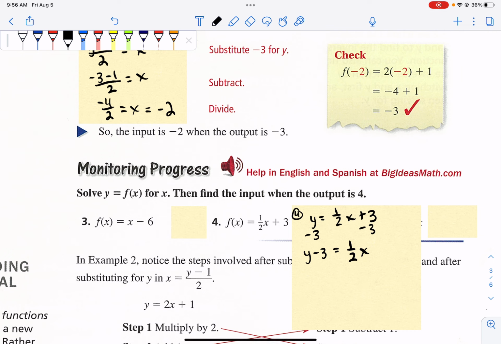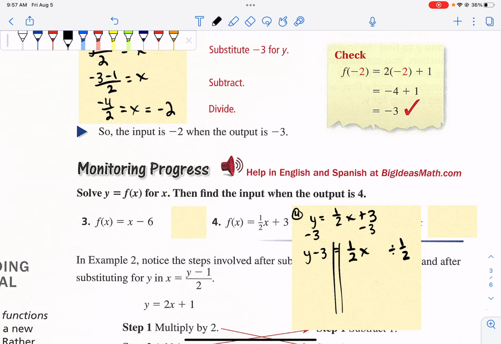Okay, this needs a discussion. Right now, when I do railroad tracks, depending on the teacher that you had last year, 1/2 is multiplied by x. The opposite of doing that is to divide by 1/2. But then I have to divide by a fraction, and I hate doing that.